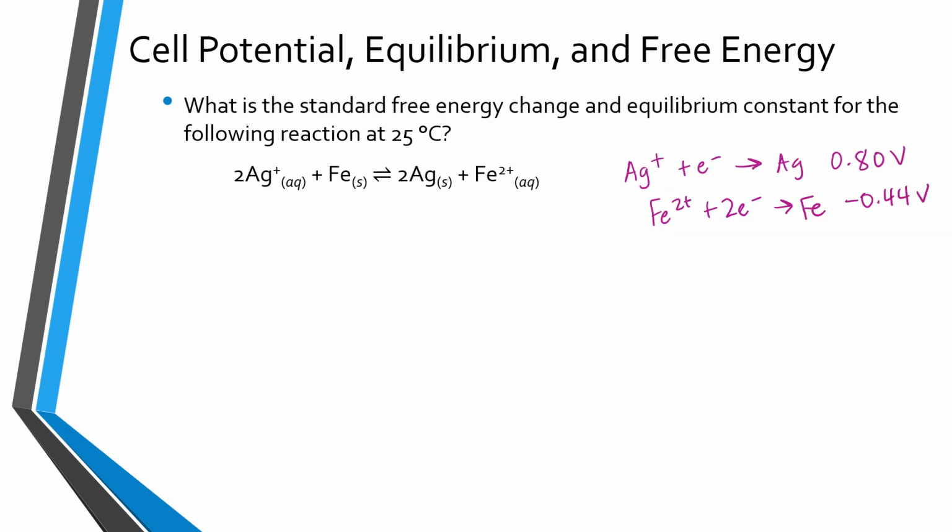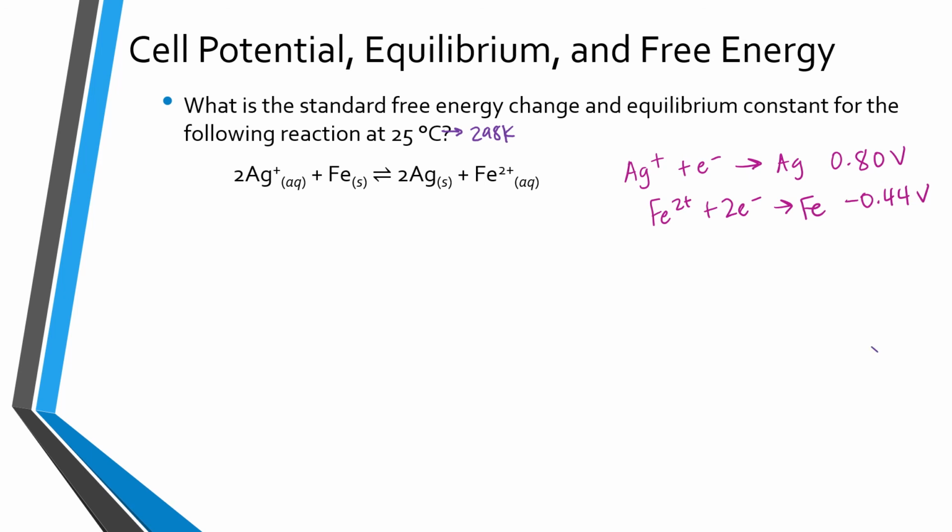All right, so this question says, what is the standard free energy change and the equilibrium constant for the following reaction at 25 degrees Celsius? So 25 degrees Celsius, that is our 298 Kelvin, so that's our room temperature or our standard temperature. So the first thing that I have to calculate here is my standard cell potential because I need that to find my free energy.